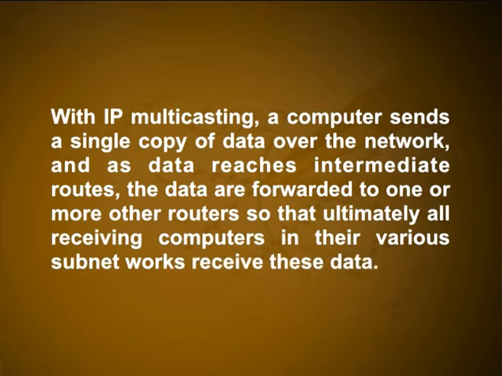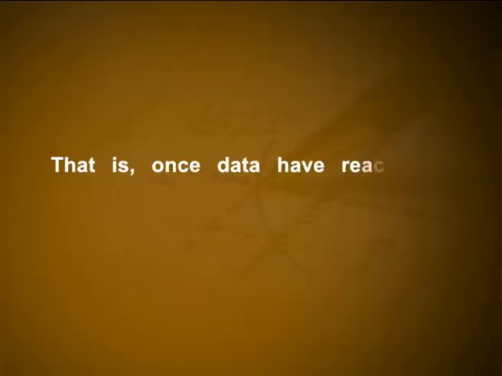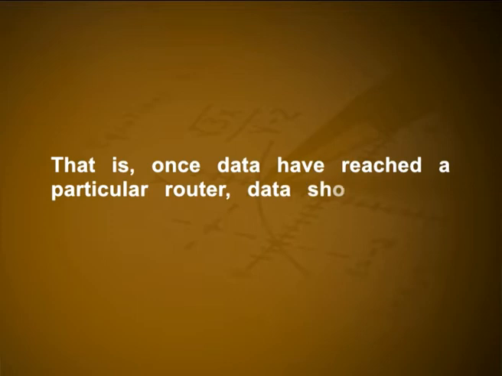receive these data. For data to reach receiving computers as quickly as possible, there should be no loops in the path that data take through the network. That is, once data have reached a particular router, data should never return to this router.